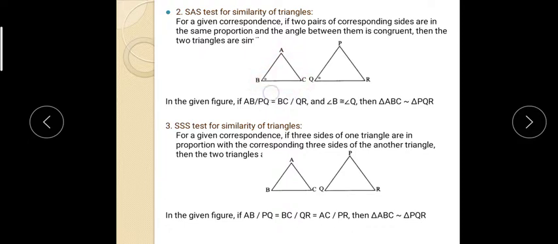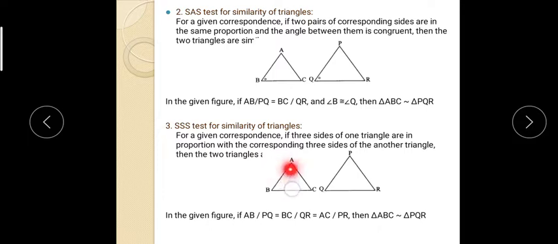This angle B, and here this angle Q. If two corresponding sides are in proportion and the angle between them is congruent, then we can say that triangle ABC and triangle PQR are similar by the SAS test.